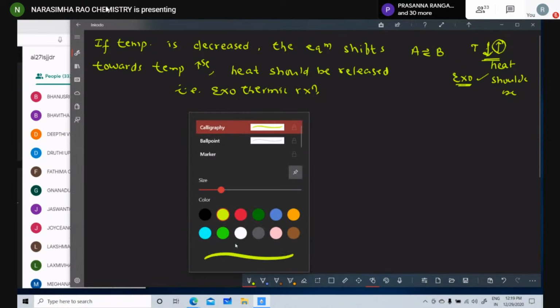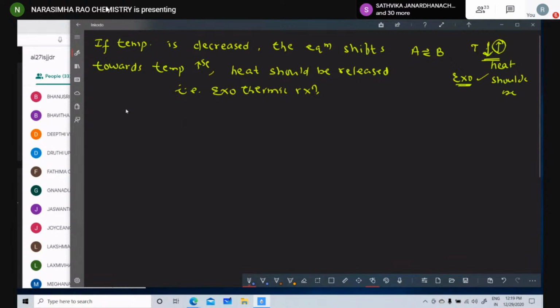So special point for consideration this is, right children? Special point. At a low temperature, exothermic reactions are more favorable. It's clear now?